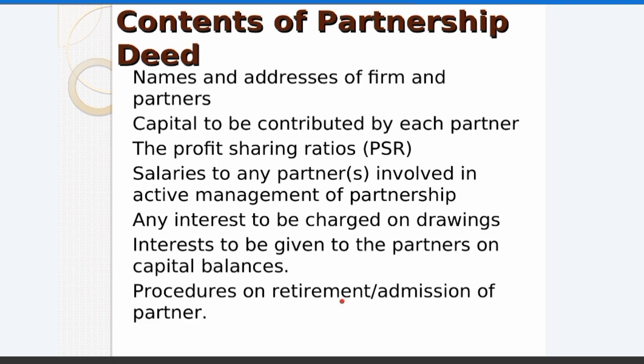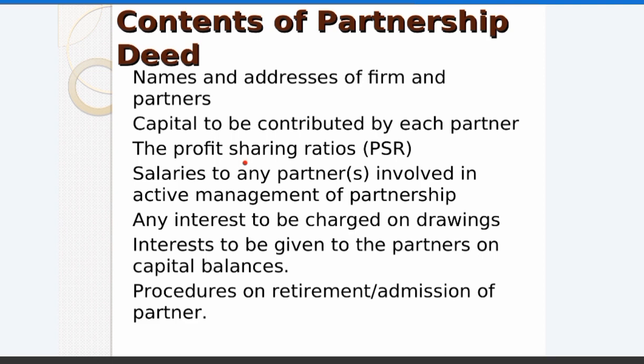Number three, apart from determining the amount of capital to be contributed by each partner, is to come up with the profit sharing ratios. In this case, we also mean the profit or even loss sharing ratios. So in a partnership, you share profits, and if the partnership is making losses, then you also share losses.